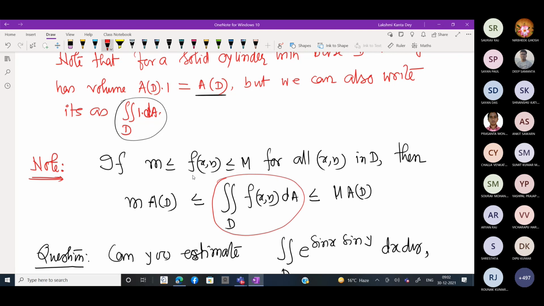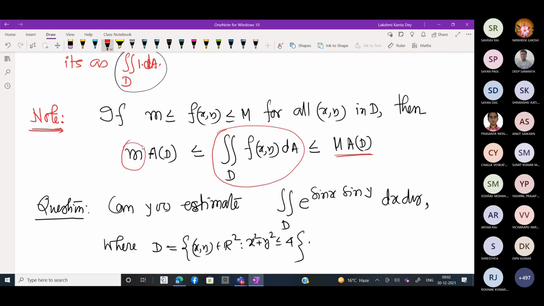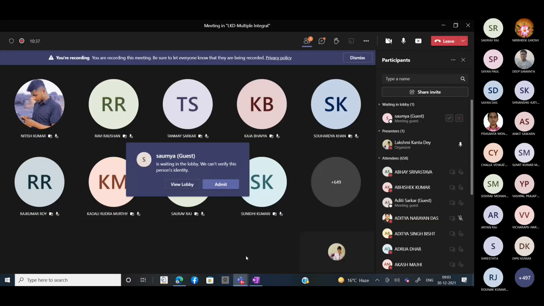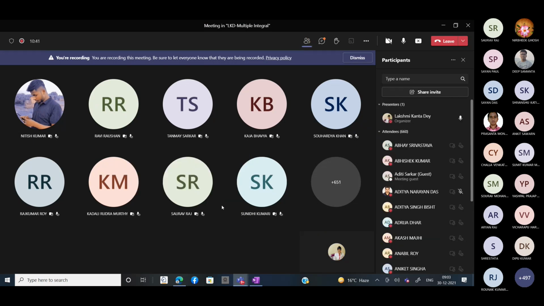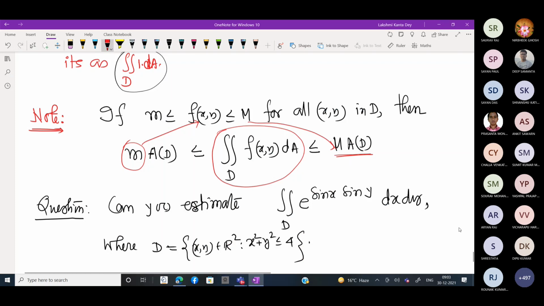Whenever the integrand function f is bounded between small m and capital M for all (x, y) in D, then m times A(D) is less than or equal to the double integral of f dA, which is less than or equal to capital M times the area of D. This is very easy to prove. Small m is the lower bound and capital M is the upper bound for the integrand f, so the integral lies between m times A(D) and M times A(D).